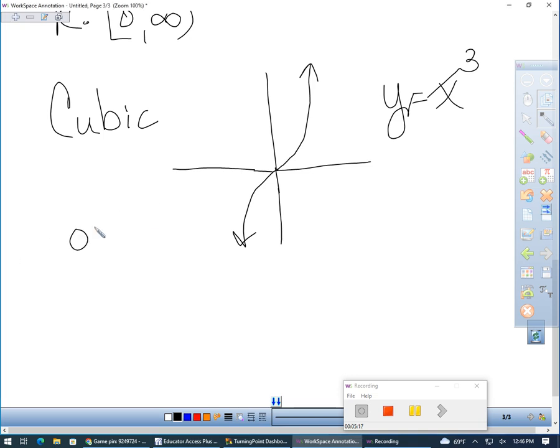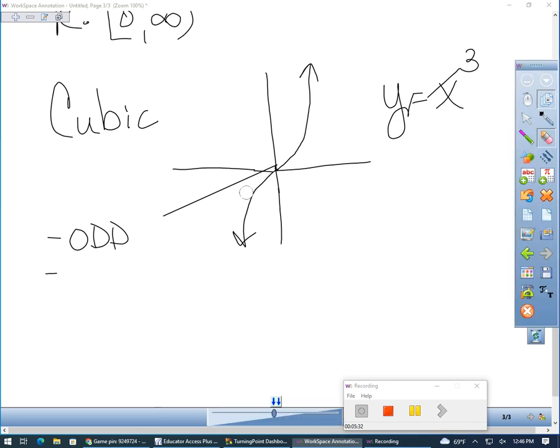Now, in y equals x to the third, this is odd. How do I know it is odd? It is symmetrical about the origin, right? If I were to put my pencil here and rotate it 180 degrees, do I still have the same thing? I do. So this is symmetrical about the origin.